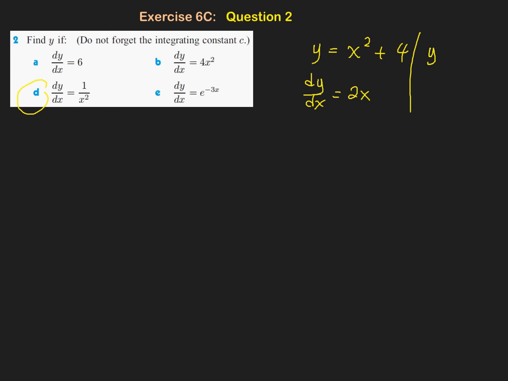However, there's actually a slight problem if you get this problem and it asks you to differentiate again, and you get 2x again. In fact, they're the same. And then the problem arises. If I differentiate this function, I get 2x. A different function, I get 2x.